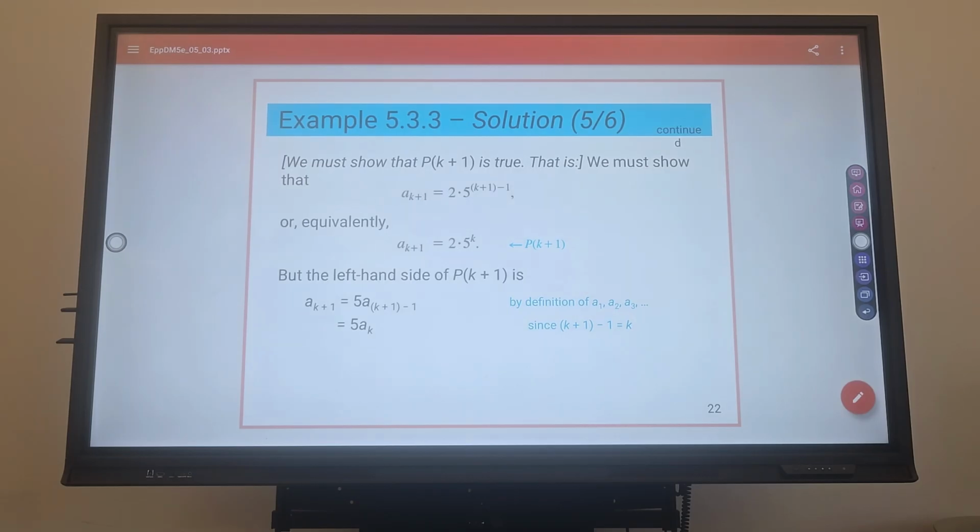But the left-hand side of the equation is 5 times a sub k plus 1 minus 1, or just a sub k times 5.